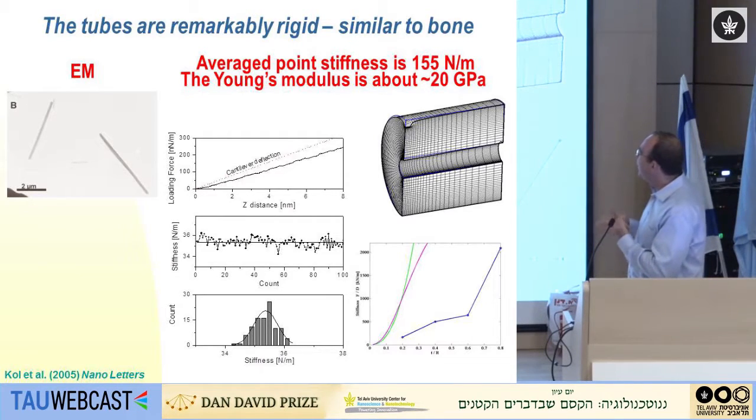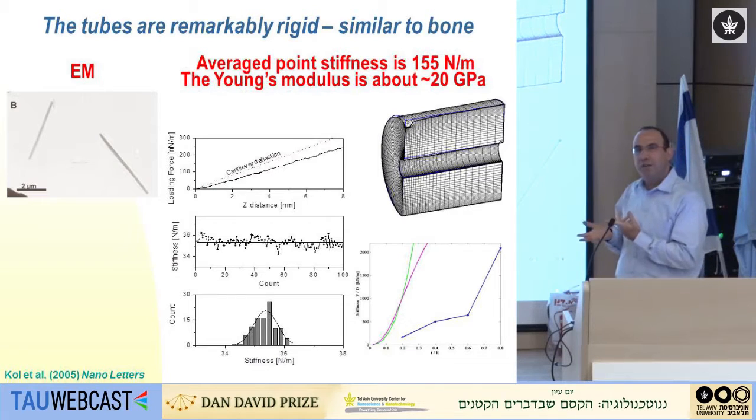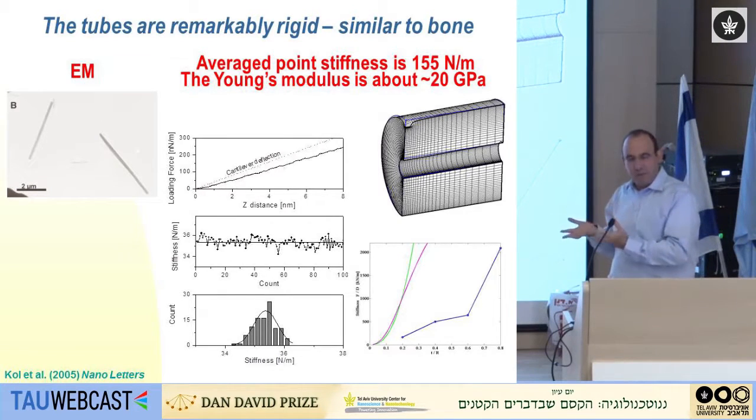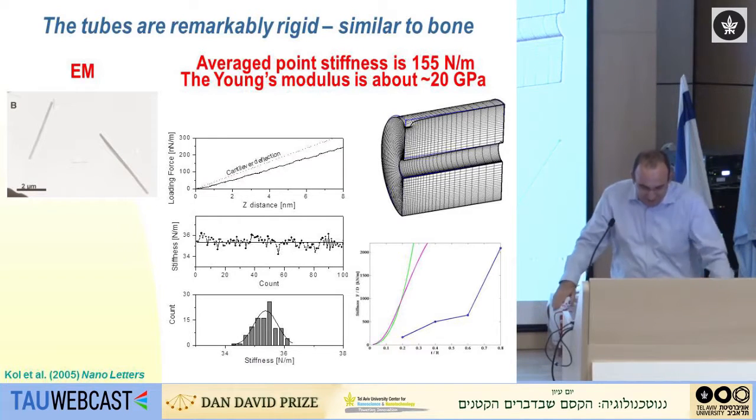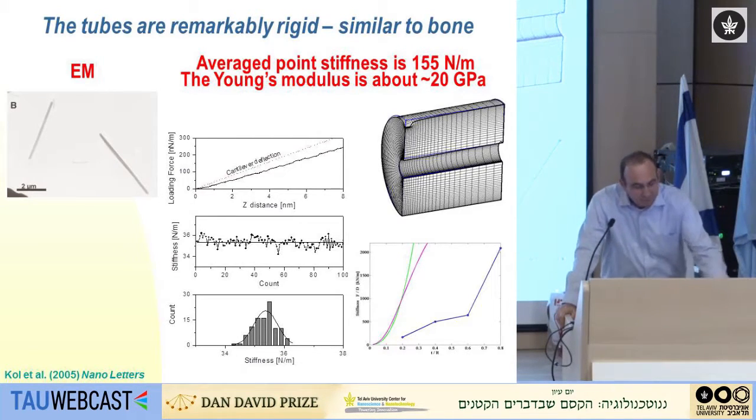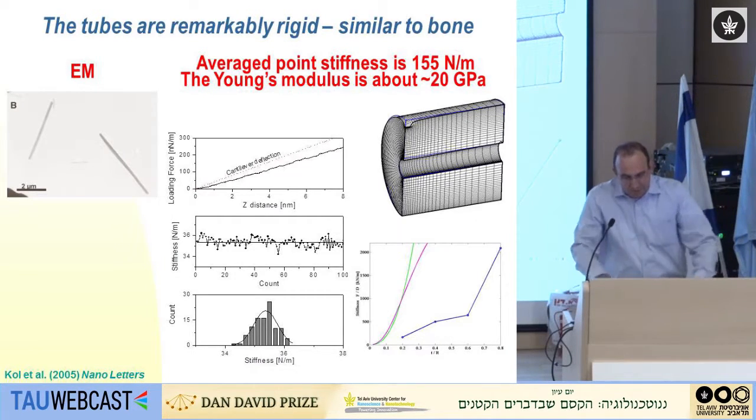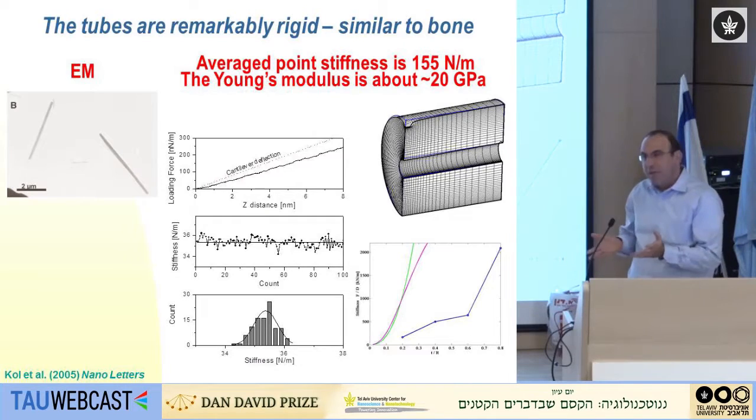We calculated a Young's modulus of about 20 gigapascal. For those of you who are less familiar with mechanical rigidity, this is something in the order of bone or teeth rigidity. It's much more rigid than any plastic that we know. This was already 10 years ago, and we claimed that this is the most rigid self-assembled structure that could be achieved, and nobody refuted it.